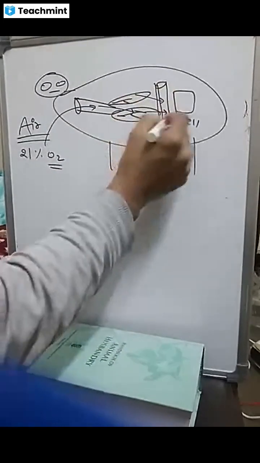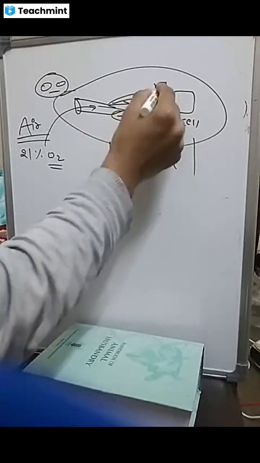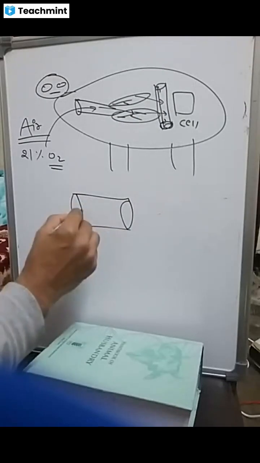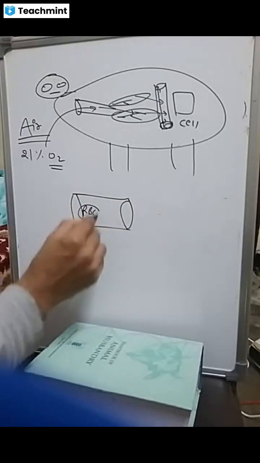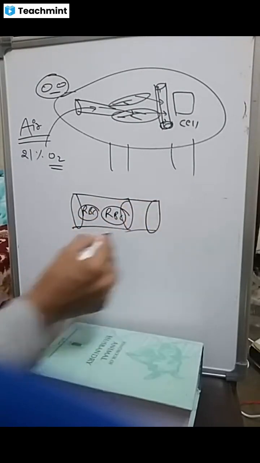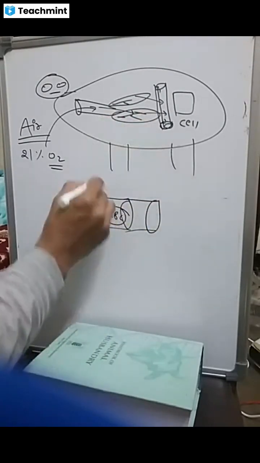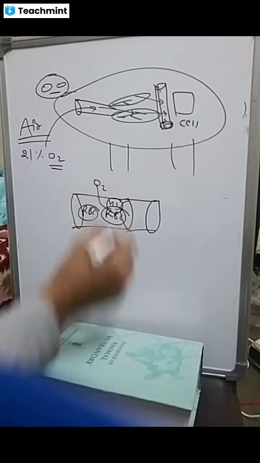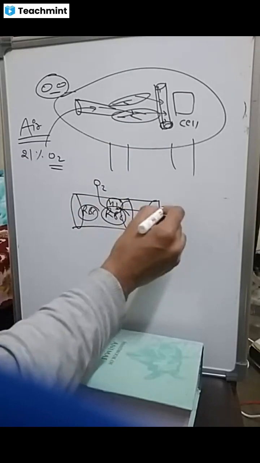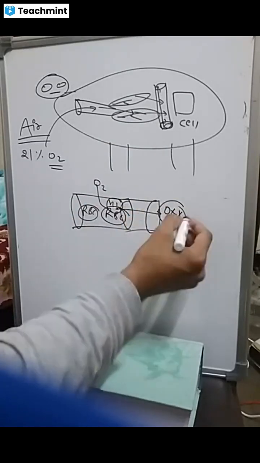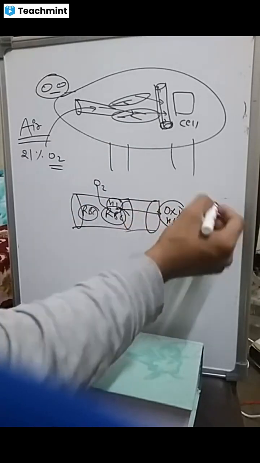This blood is having RBC, in which oxygen combines with the hemoglobin and forms oxyhemoglobin that will carry the oxygen.